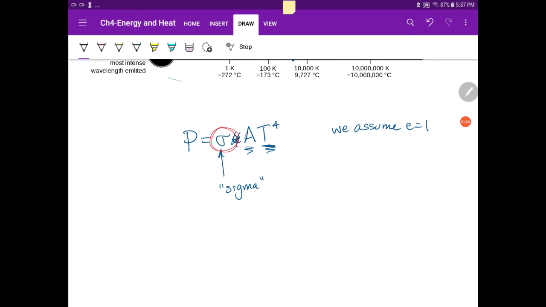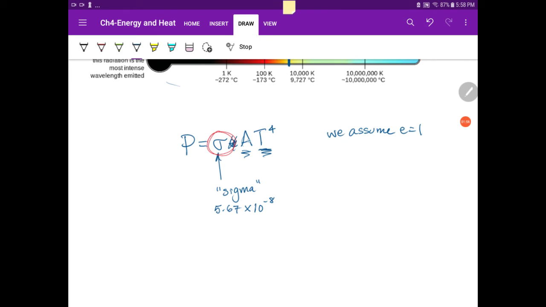And so we can take this equation. This value for sigma is just a number. To me it's a very easy one to remember because it's 5.67, so 567 times 10 raised to the negative 8. So it's 5678, but there's a negative sign you have to remember.